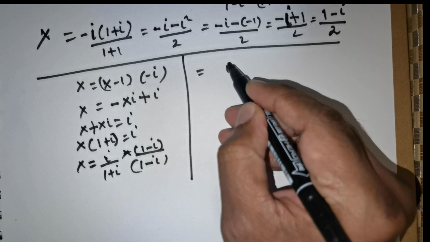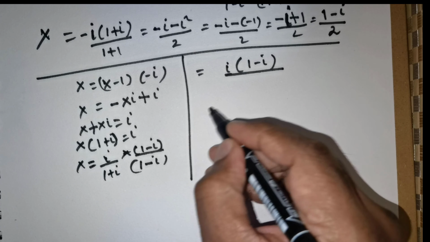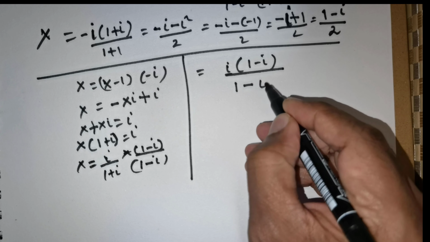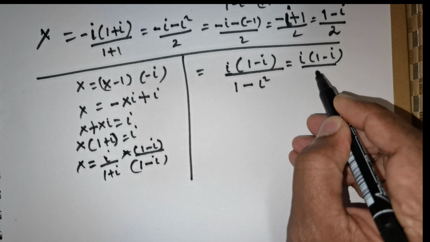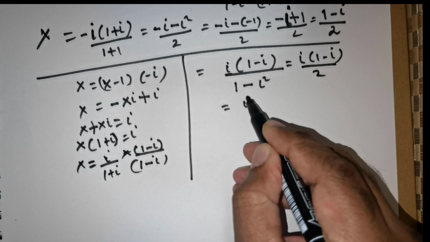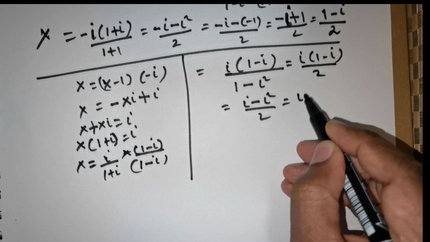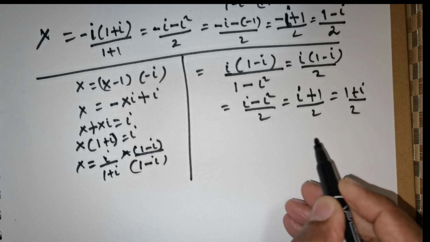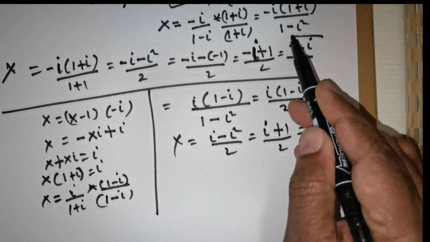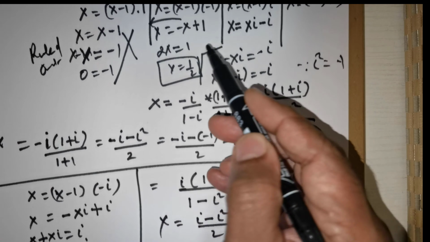So this is going to be i times (1 - i) divided by 1 - i squared, which is nothing but i times (1 - i) divided by 2, which is i - i squared divided by 2, which is i + 1 divided by 2, which is (1 + i)/2. So this is the next root. So I got a root here, I got a root here, and I got a root here.